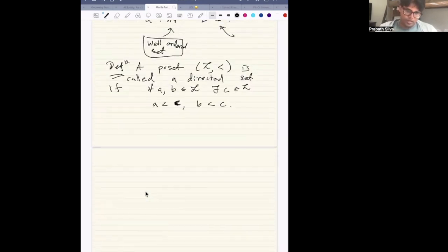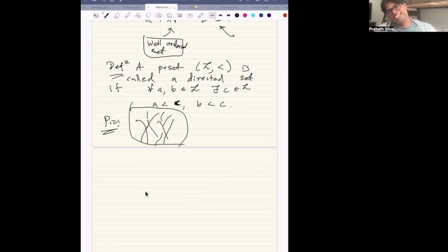A picture. So the partial orders, when I drew them earlier, were like this: you have this bigger than this, and so on, and this element is bigger than this one, and these two elements are not comparable, and so on.